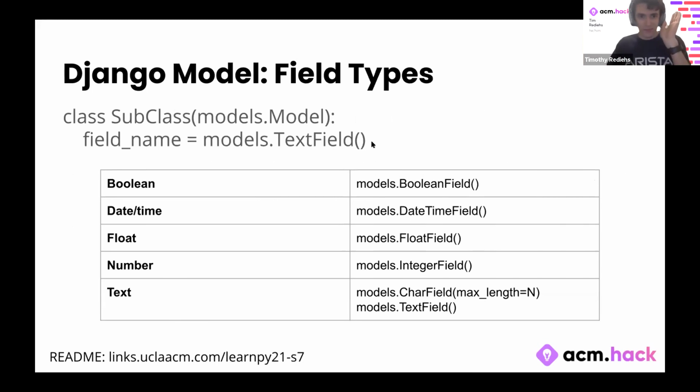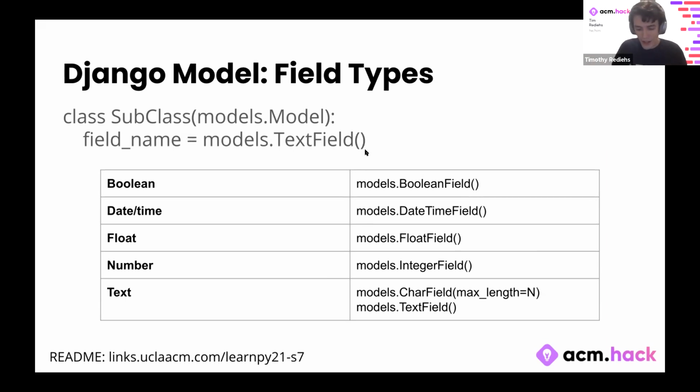So a little bit more information about the subclass that we create. It's simple. You just make a subclass and name it whatever you want. And for each field, you make a variable and put whatever name you want the field to be, and then you set it equal to models dot some type of field.